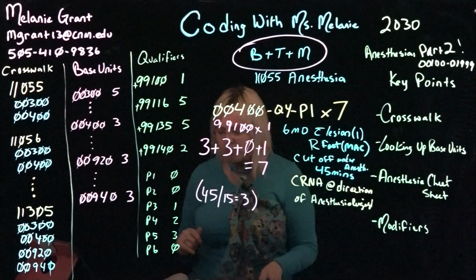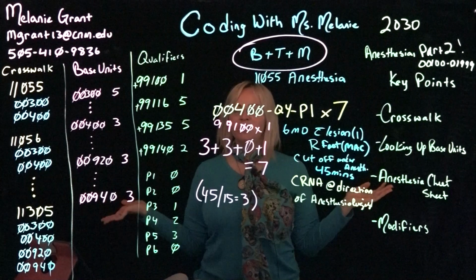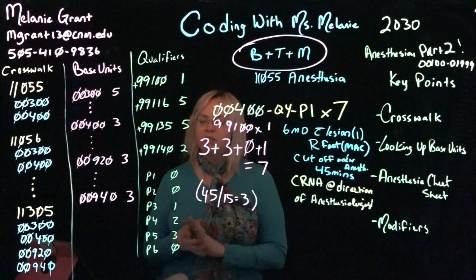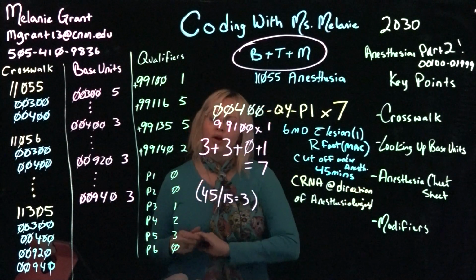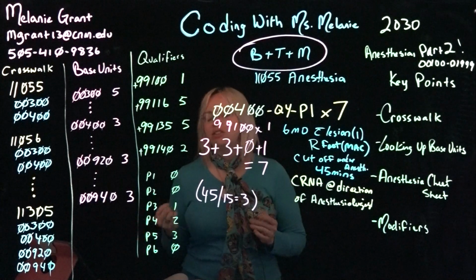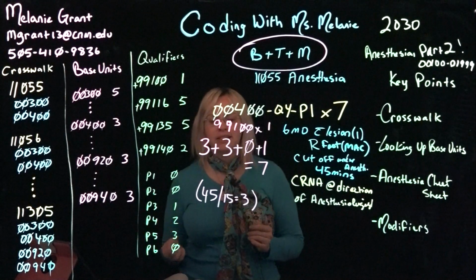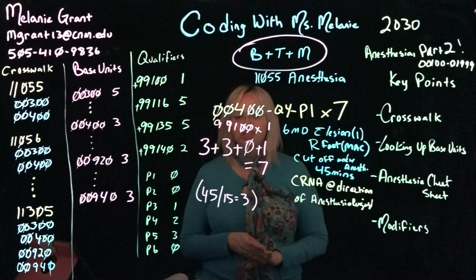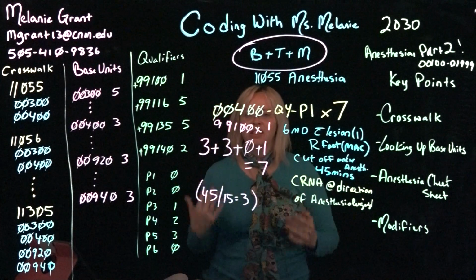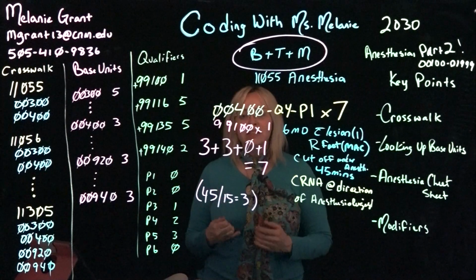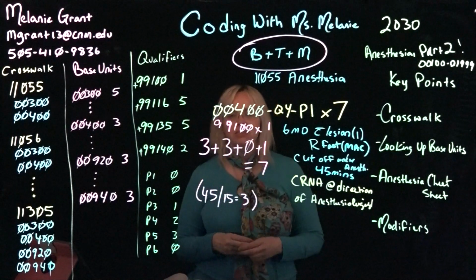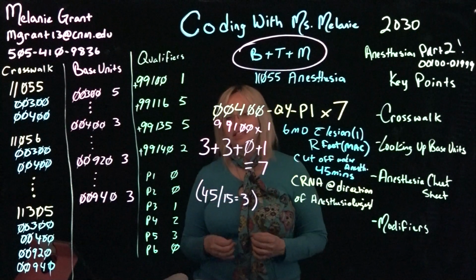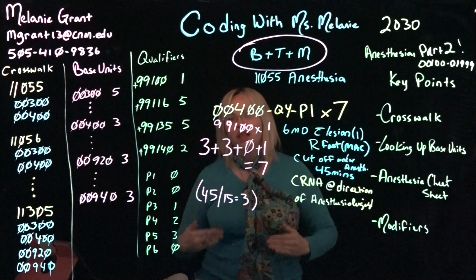Last thing to keep in mind before we break from this video, I want to talk to you a little bit about patient statuses. One of the questions I have is, how do I identify if a patient has a systemic disease? A systemic disease is any kind of chronic condition that the patient has that affects their entire body. The reason these are important for us to identify is because anything you do for anesthesia, you're lowering the blood pressure.